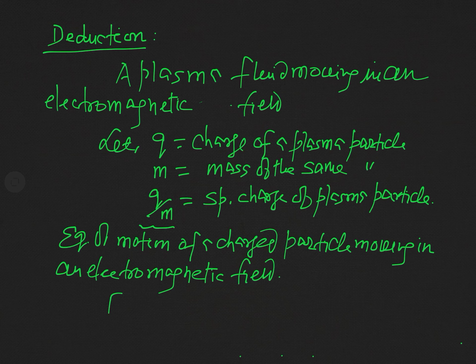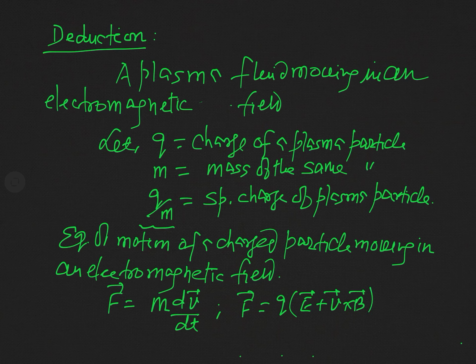We know this is F equal to m times dv by dt, where dv by dt is the acceleration. And what is this F? F is q times E plus V cross B. And this force is known as the Lorentz force.